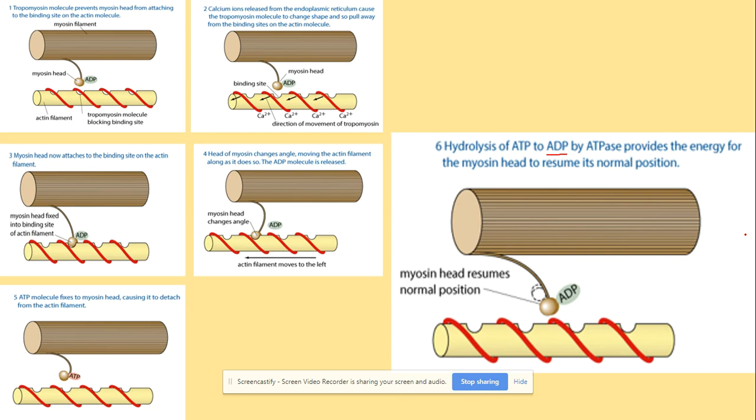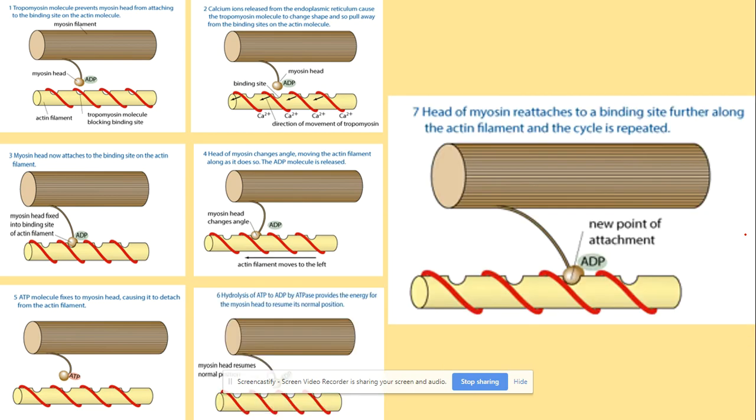So once they are at the normal position, the myosin head reattaches to the binding site, and another process can take place. So it's like a cycle that keeps repeating. So that's the whole process of the muscle contraction.